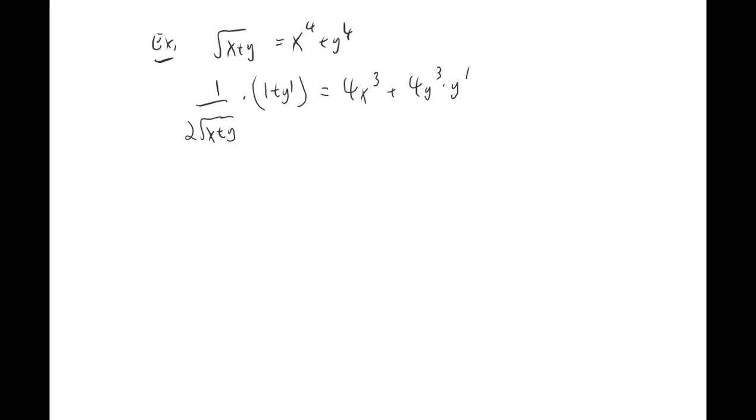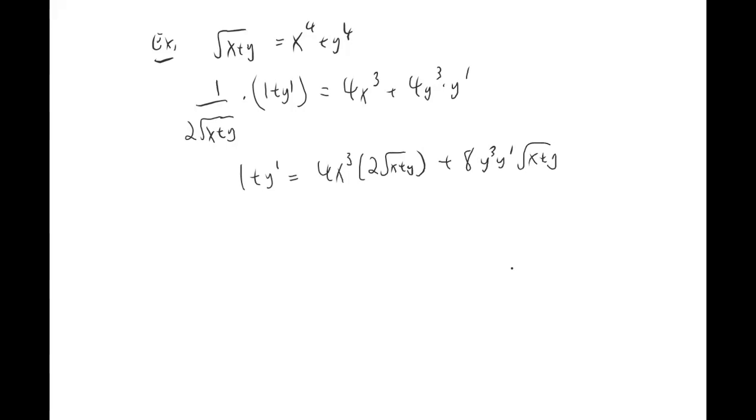Yeah, I mean, if it confuses you, just think of how you would differentiate root x. So okay, again, let's clear denominators. 2 root x plus y plus 4y cubed y prime. The 2 and the 4 become 8, so 8 root x plus y.